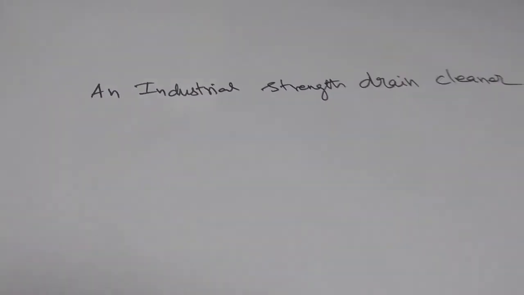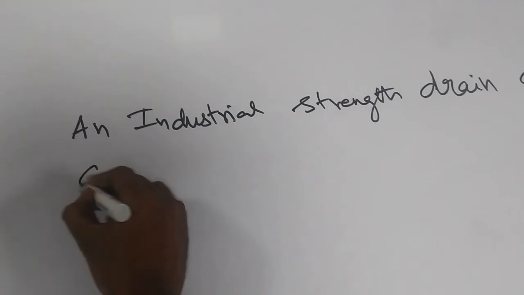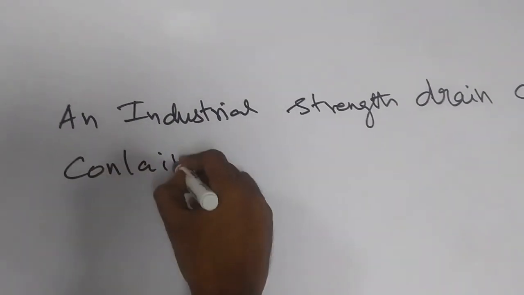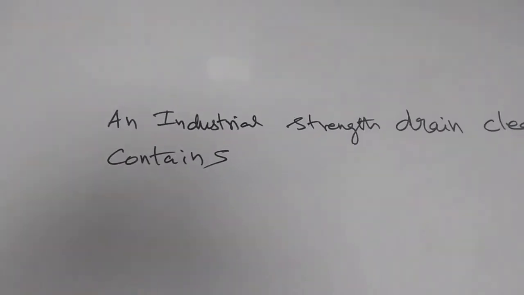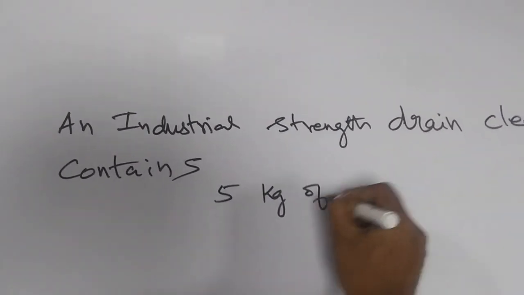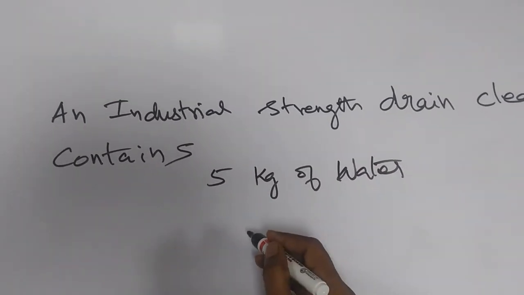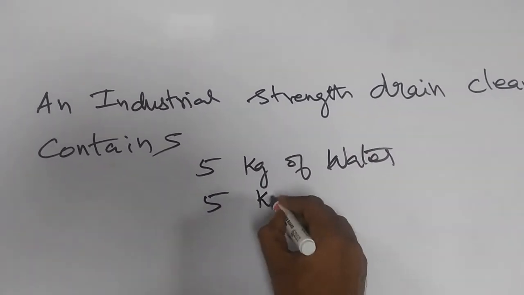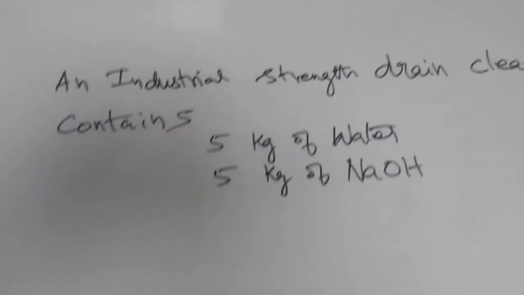An industrial strength drain cleaner contains 5 kg of water and 5 kg of NaOH, sodium hydroxide.